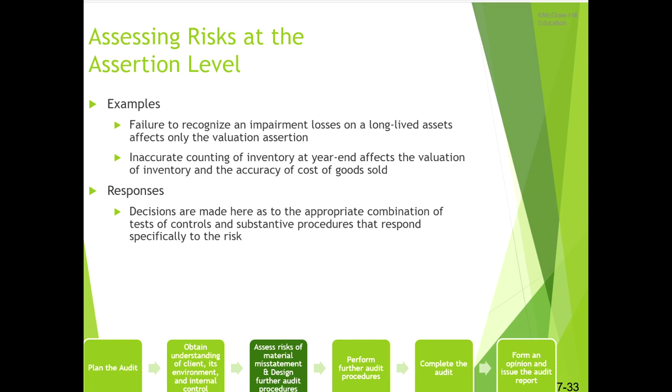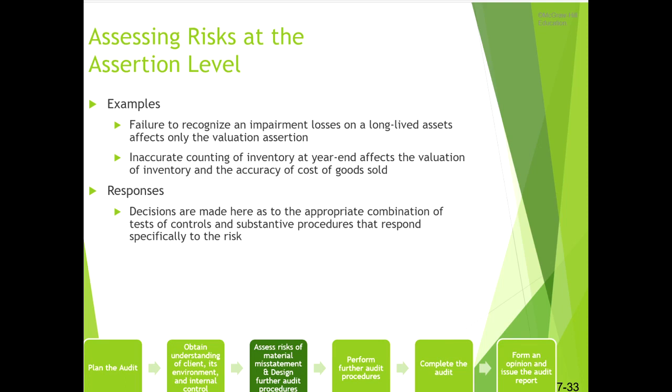So that would be a risk in terms of an inaccurate inventory count. That's a risk that would impact valuation and accuracy for those respective accounts. And so, again, that's thinking about risk at the assertion level, and really at the audit objective level, because we're taking the assertion and pairing it with a significant account.